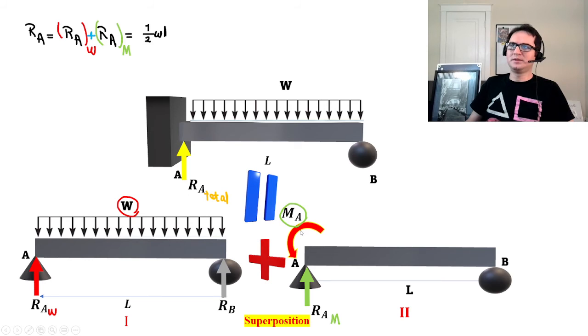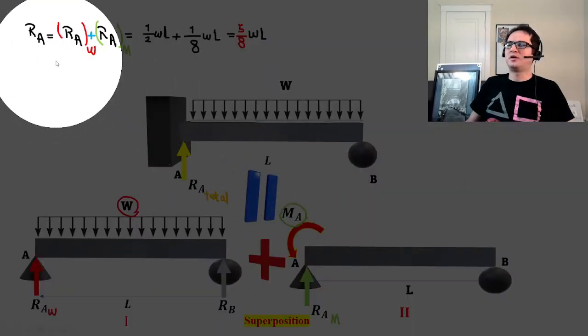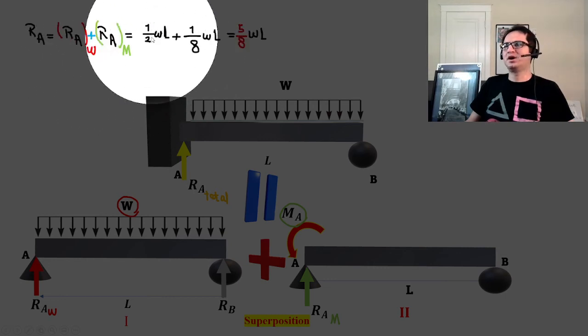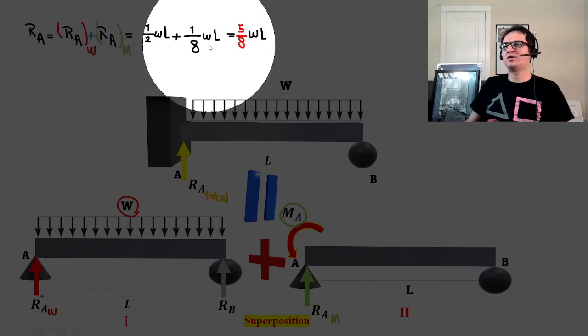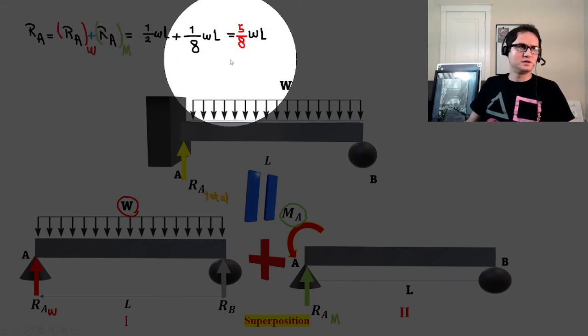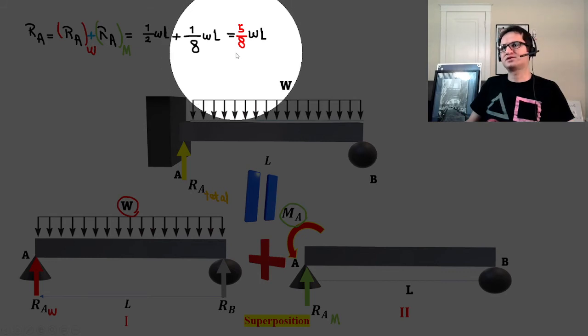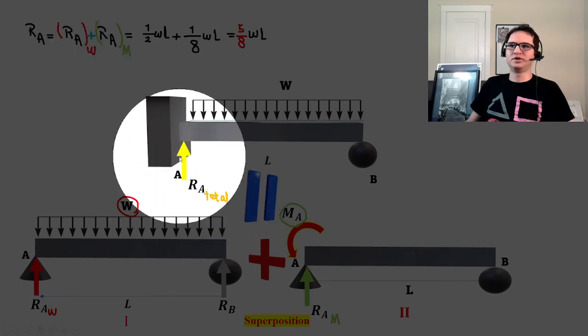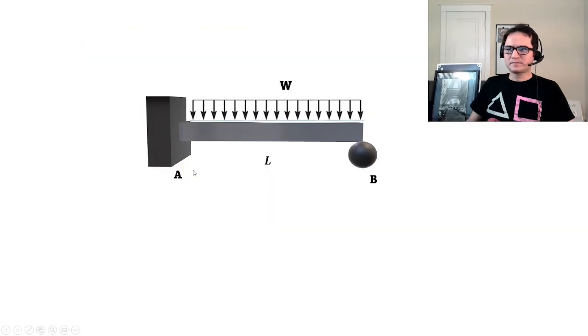And we already know how to calculate that: that's RA due to W plus RA due to moment, which is a half of WL for the first scenario and 1 over 8 WL from the second one, and that gives us 5 over 8 WL for RA for the original beam. So if RA is 5 over 8, the other one goes by 3 over 8.